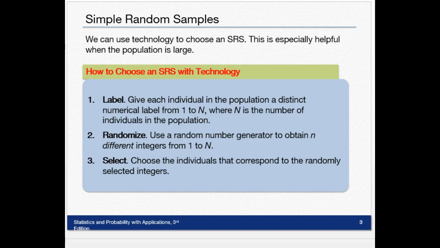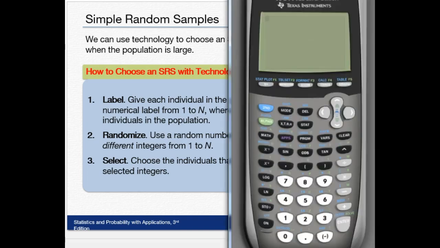Okay? So let me show you what this looks like. In your calculator, I'll show you more of this in class. If you click on the math button and go over to the probability menu, the fifth thing down says randint. That's a random integer. What you would do is put 1 and a comma, and let's say we have 100 people in a population we're trying to survey.